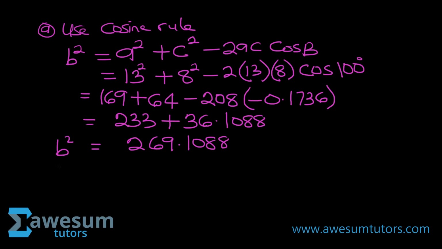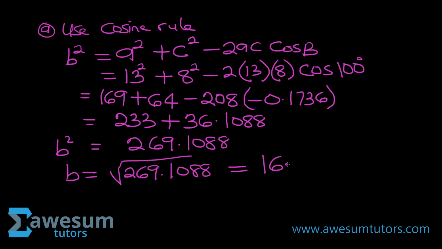Square root of B squared is going to give me B. Then I'll have square root of 269.1088, and that is going to give me 16.4, and the answer is going to be in kilometers. And remember, we have been asked to leave our answer in 3 significant figures. This is your final answer.